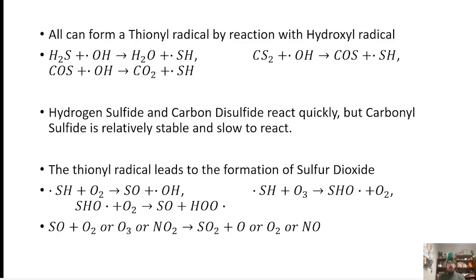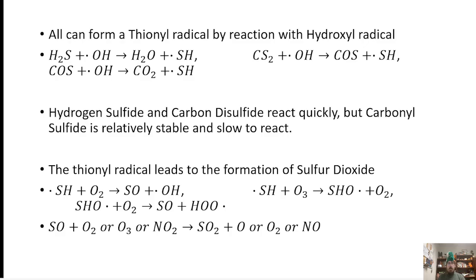If you have a hydroxyl radical and hydrogen sulfide, it forms an SH and water. If you have a hydroxyl radical and a carbonyl sulfide, it replaces the sulfur with the oxygen. It forms CO2 and SH.